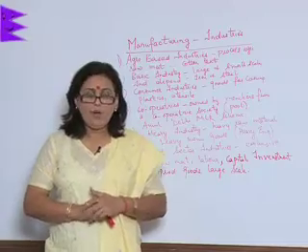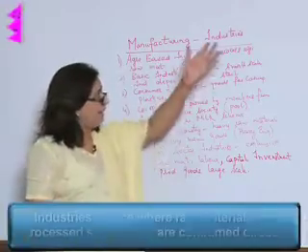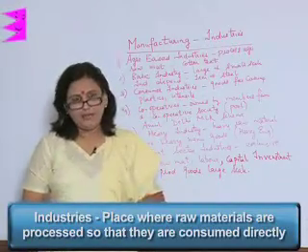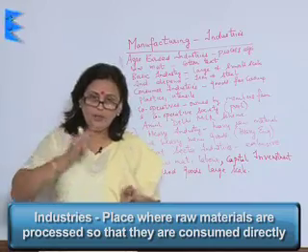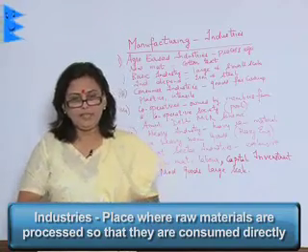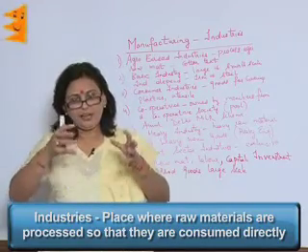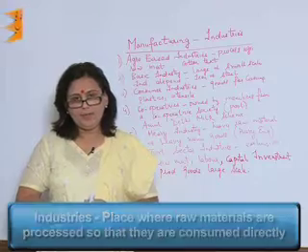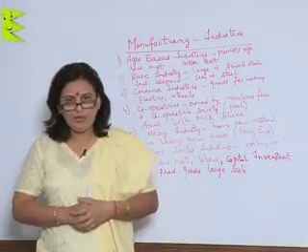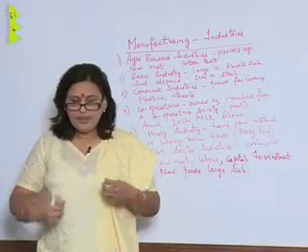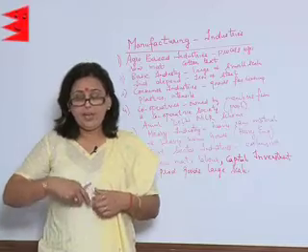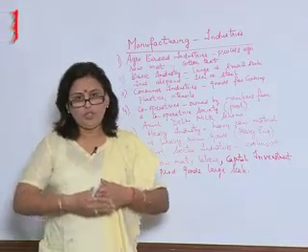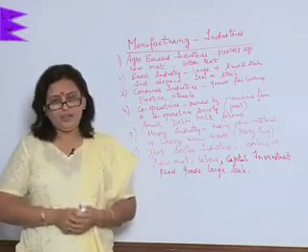Well children, all of you know that industry is a place where the raw materials are processed in such a way that we can consume it directly. Now, the biscuit that you eat or the dress that you wear is all the contribution of various kinds of industries.